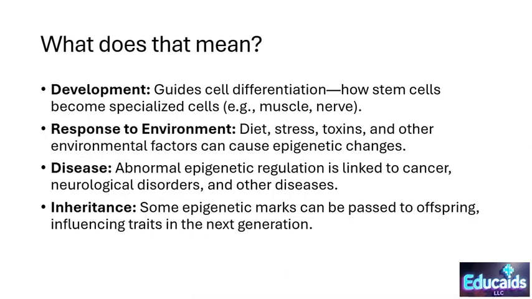So what does that mean? With development, it guides cells and how stem cells become specialized, response to environment, diet, stress, toxins, disease. So if you get certain diseases, it will change how your body reacts from here on out. And inheritance, sometimes you can inherit things.